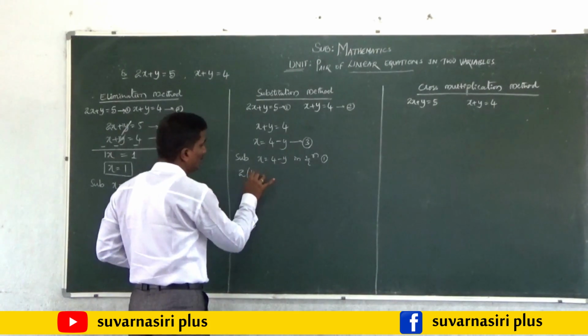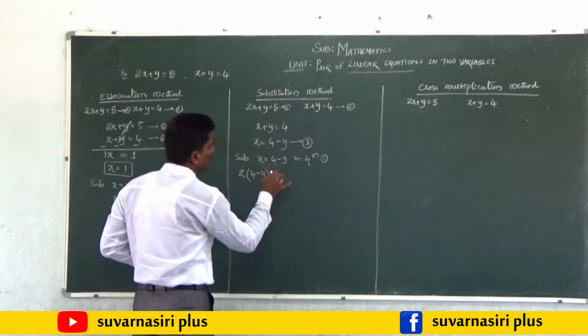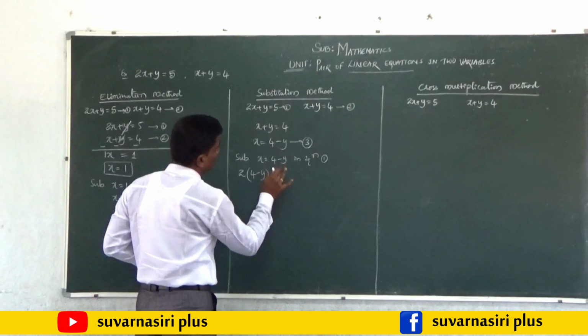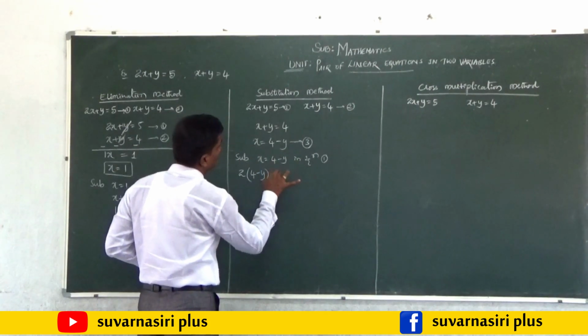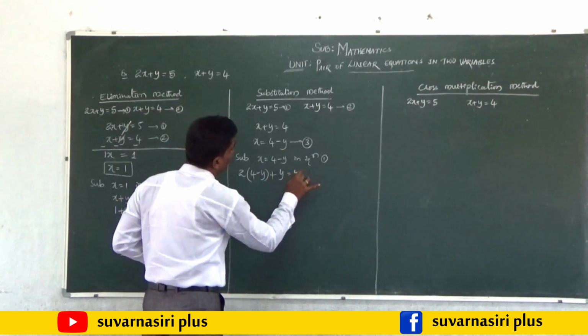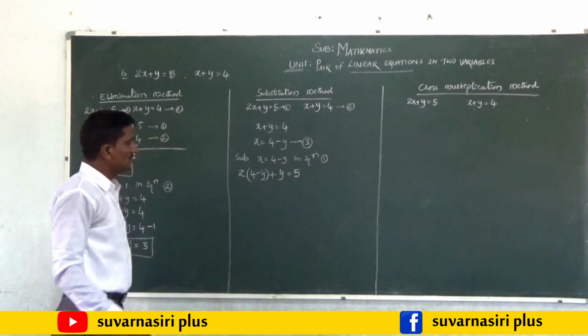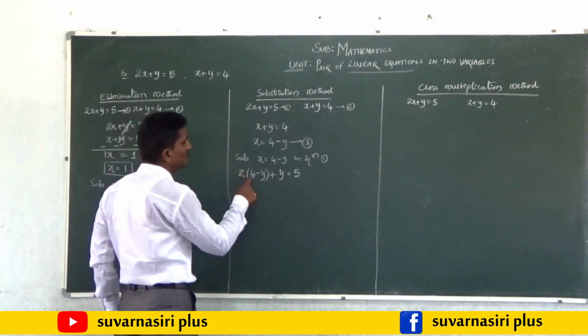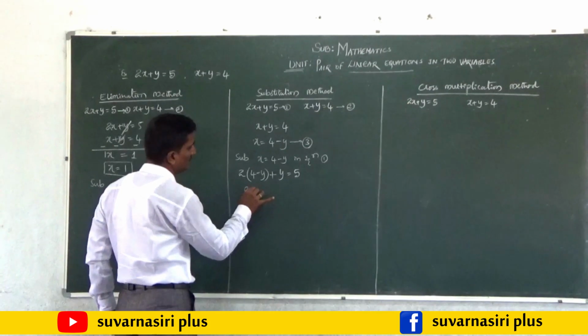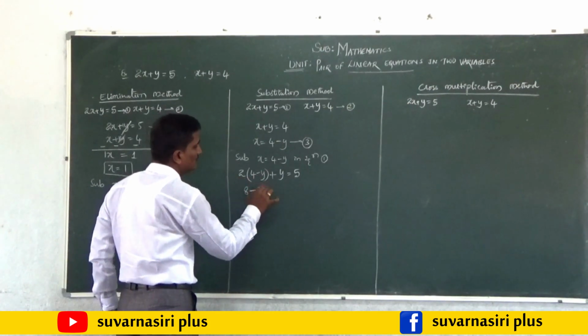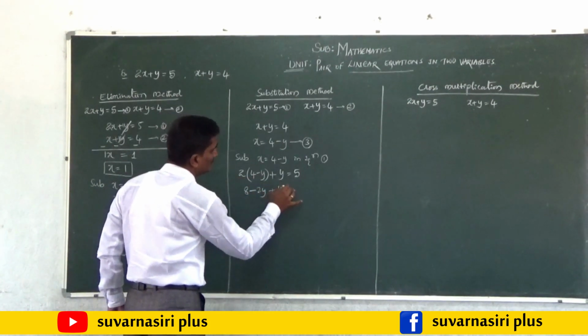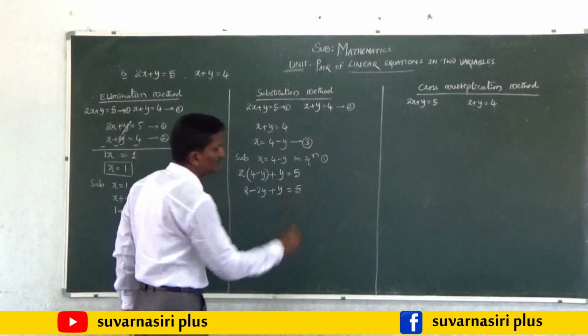Substitute here: 2 into 4 minus y, plus y is equal to 5. Multiply here. 2 into 4. 2 4s are 8 minus 2 into y. 8 minus 2y plus y is equal to 5.